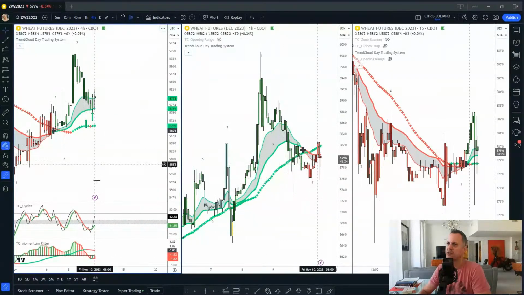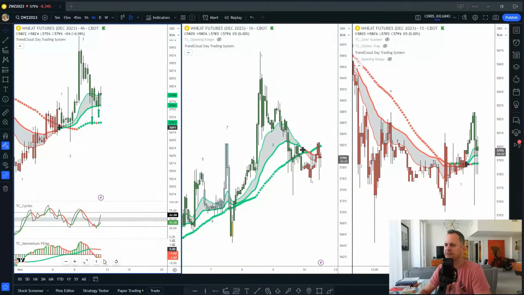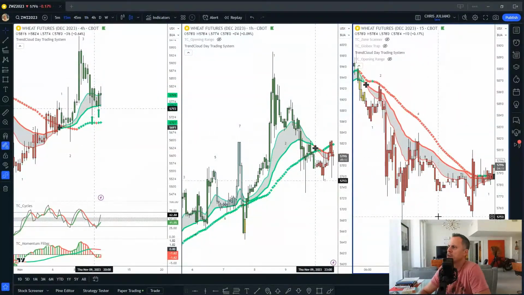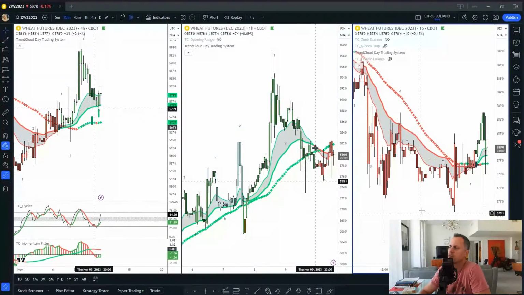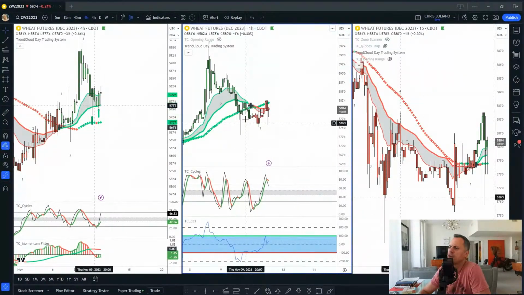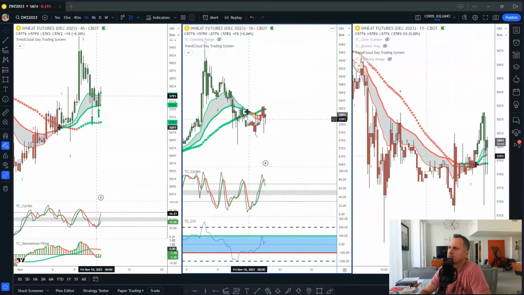High time frame, trend is up, cycling up, momentum kind of flashing back and forth to green and red. Okay, it's kind of shaky. Look at that 15-minute chart, pretty shaky. We're trying to make that move back up, kind of in a sideways movement here.